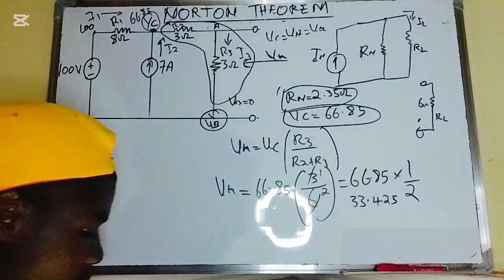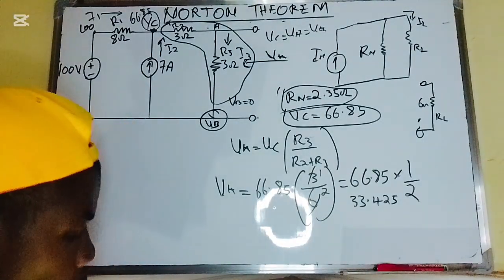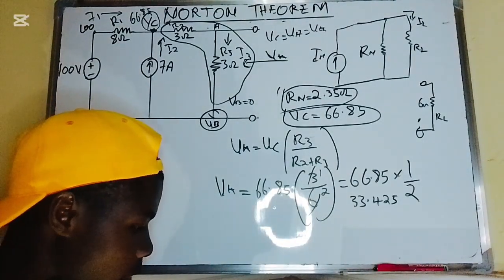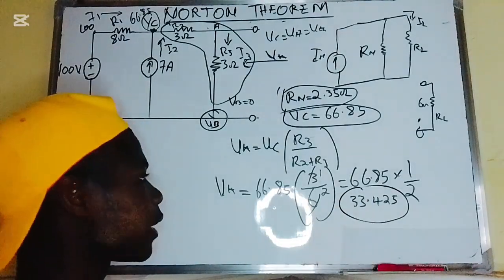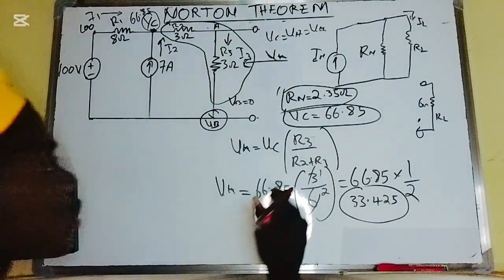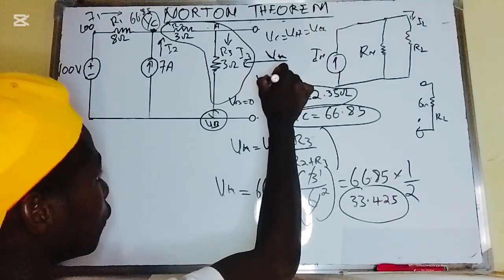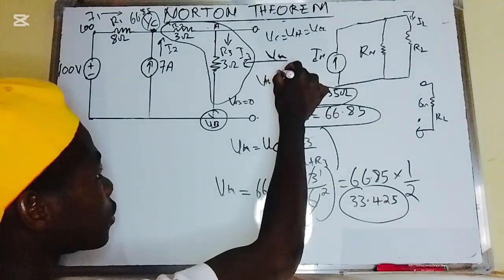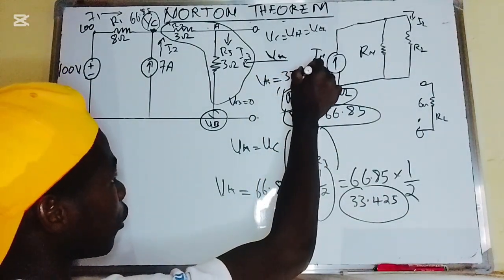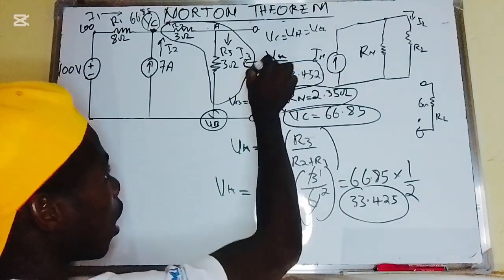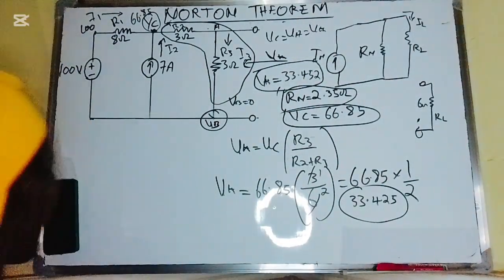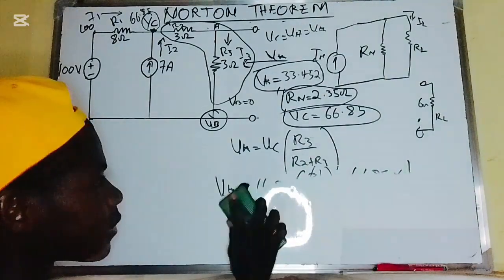But let me check. 66.85 divided by 2, yes, that's correct. So for now I will say the Thevenin voltage should now be equal to 33.425. Wow, this is very interesting.